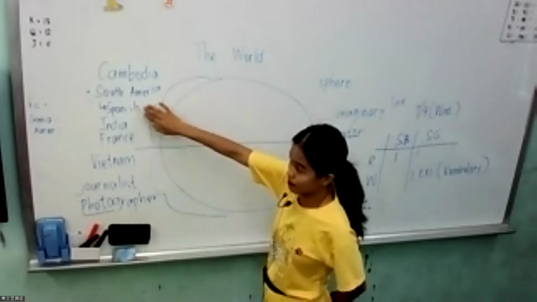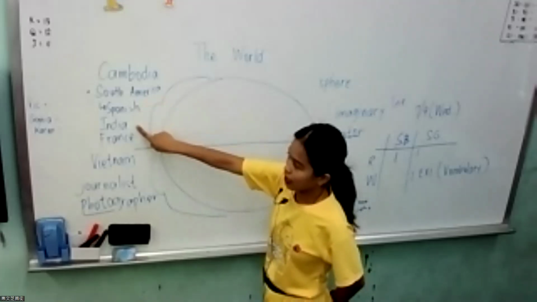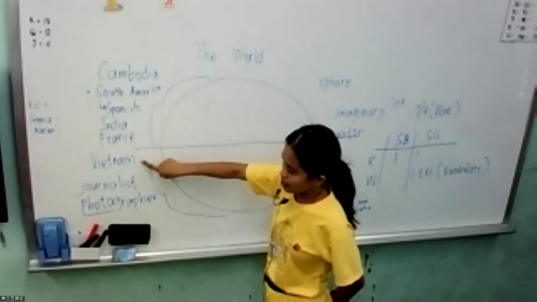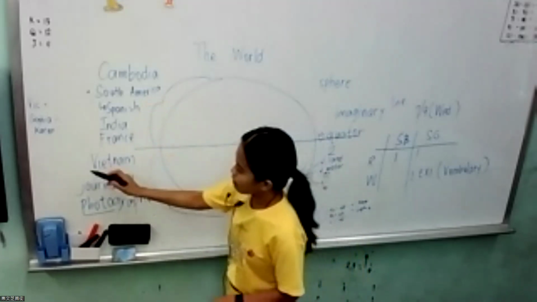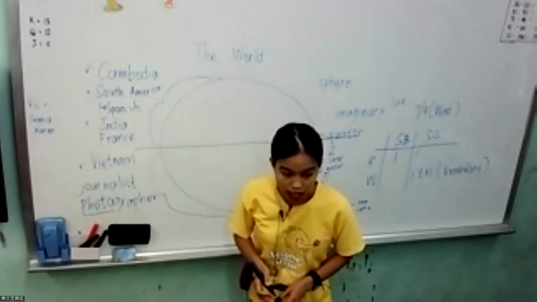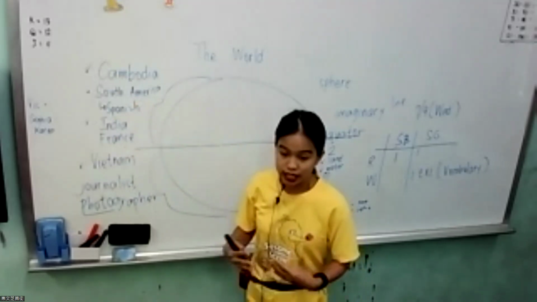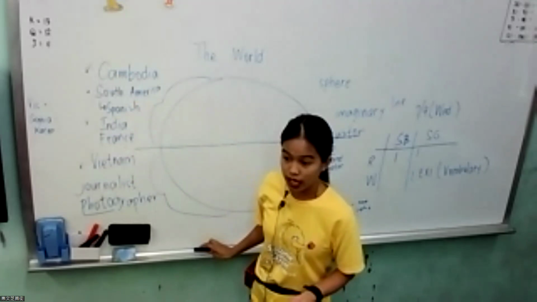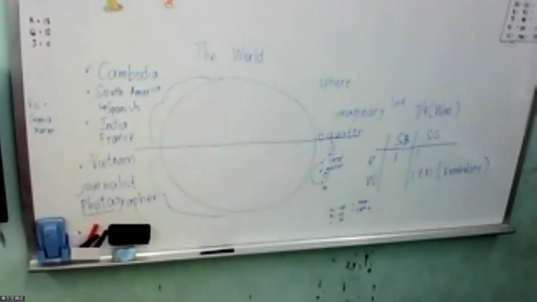English, Spanish is a language. India, France, Vietnam. Okay, Vietnam, India, and Cambodia are in Asia, just like Taiwan. I will be showing you where is Cambodia, so you have an idea.